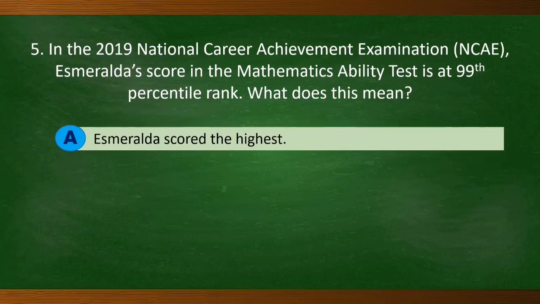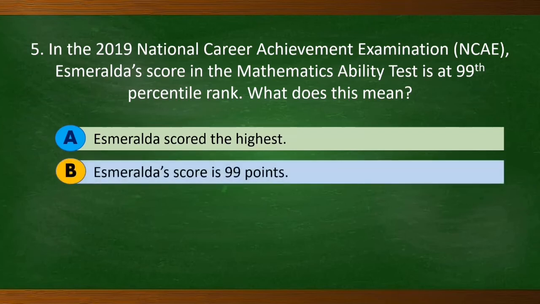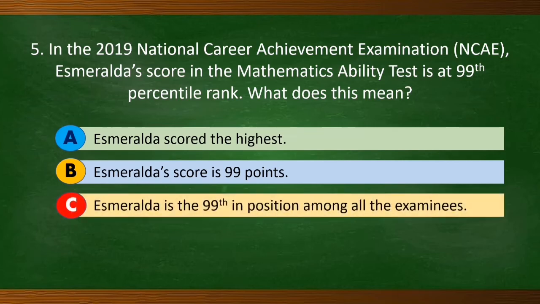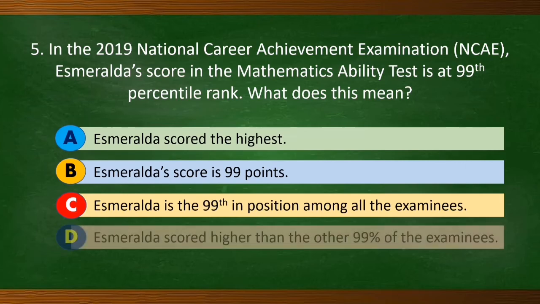A. Esmeralda scored the highest. B. Esmeralda's score is 99 points. C. Esmeralda is the 99th in position among all the examinees. Or letter D, Esmeralda scored higher than the other 99% of the examinees.